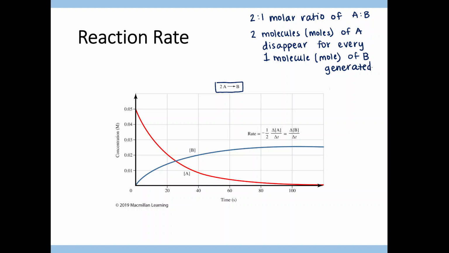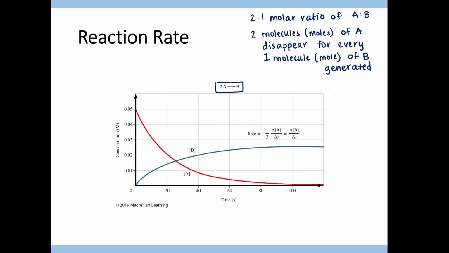So that means that the rate of A disappearing is twice the rate of B being generated. And we can see the difference in this graph here where the red line for the concentration of A decreases at a faster rate than the concentration of B is increasing.